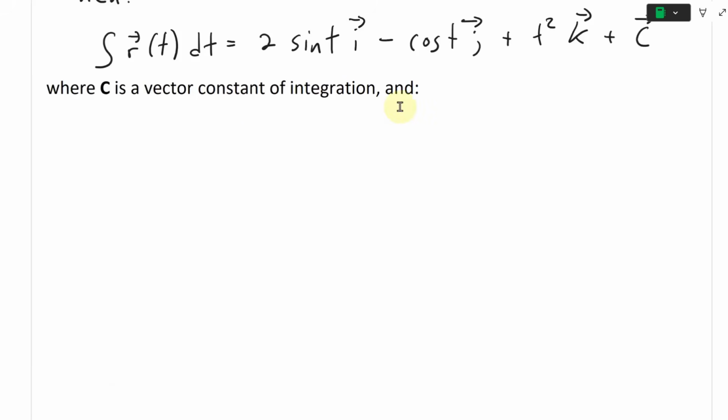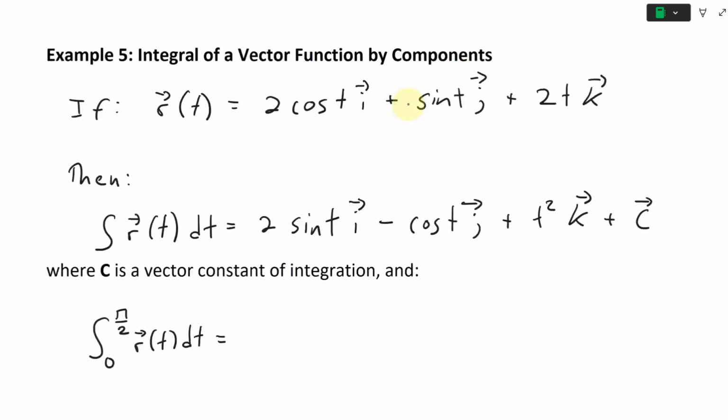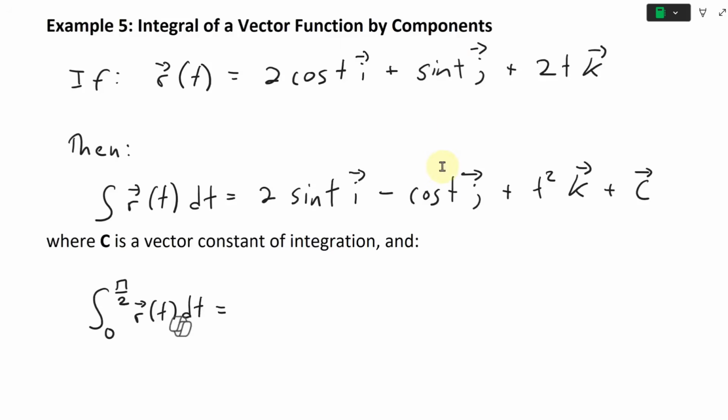Now we'll do a quick example of a definite integral on that: the integral from 0 to pi over 2 of r of t dt. We just evaluate this whole thing.